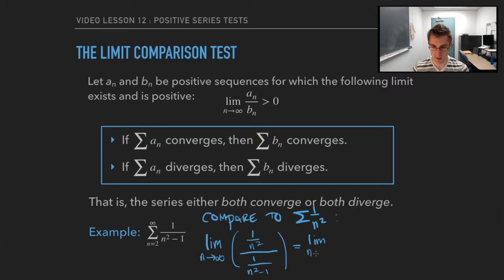If I simplify things a bit, I can flip all of these, so n squared minus 1 comes into the numerator, and n squared goes into the denominator. And this limit is 1. So this series converges, and so the series that I asked about must also converge by limit comparison.